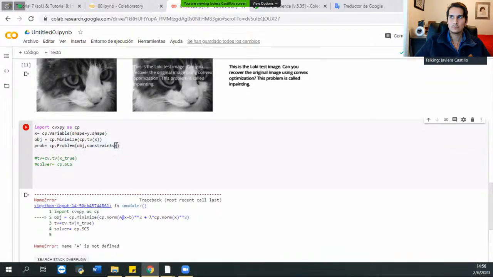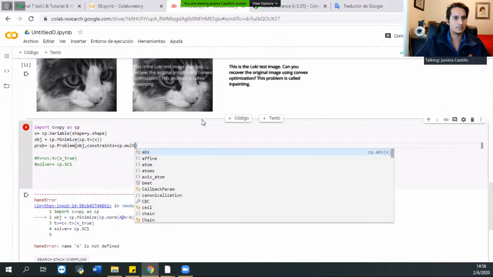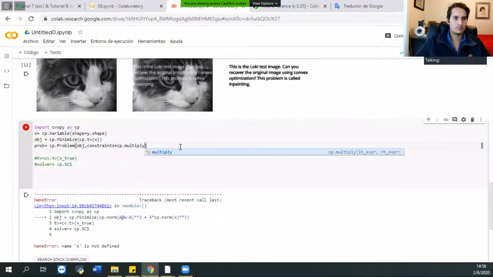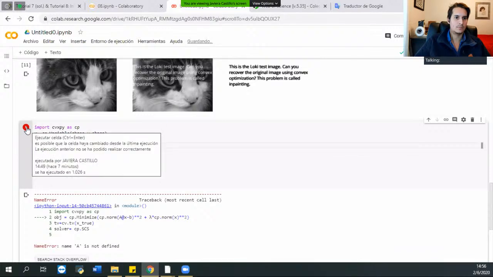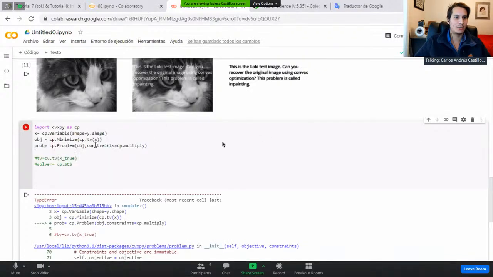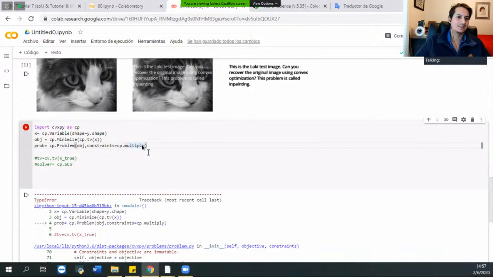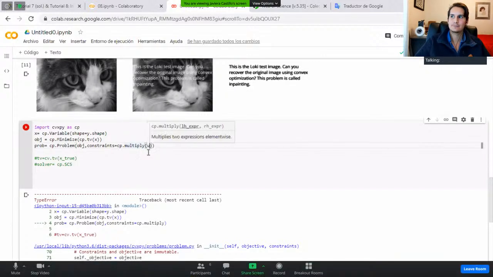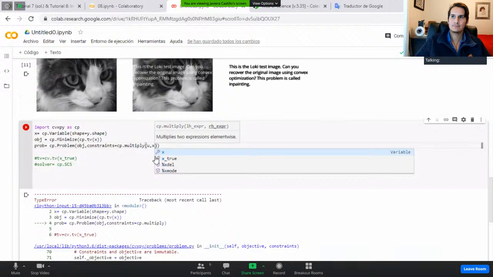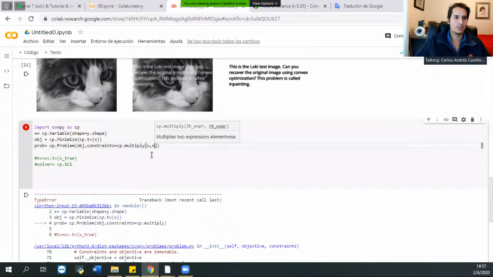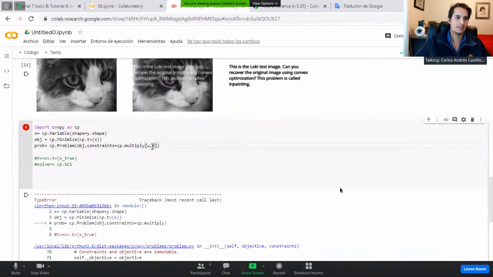No, but you're missing the u inside multiply. You need to put u, comma x. Yes, but U is in caps because it's defined in caps.